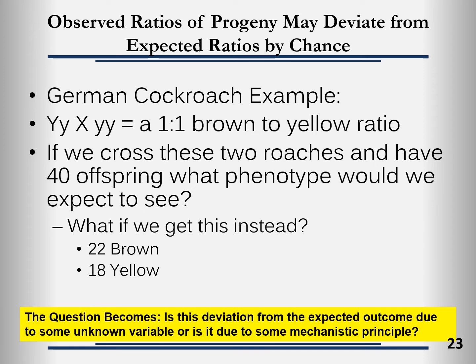So to put this in more scientific language, is this deviation from the expected outcome due to some sort of random force or unknown variable, or is it because there's something biologically mechanistic, there's something going on at a cellular genetic level that explains why we have more brown cockroaches?